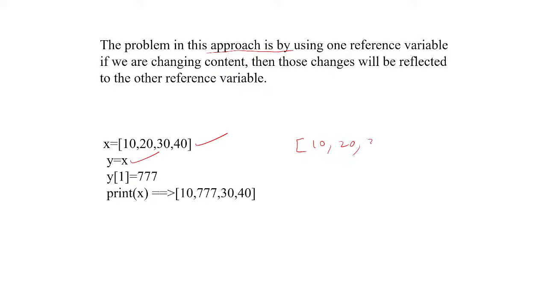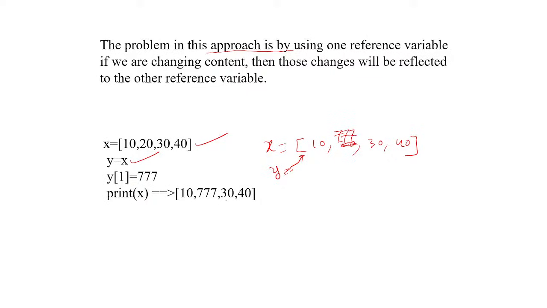10 20 30 40. This is my list x here. So when I say y is equal to x, y also contains this same list here. y of 1 means this. Now this 20 is replaced with 777.